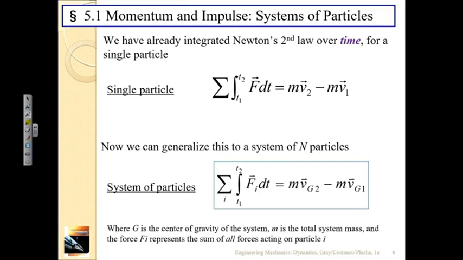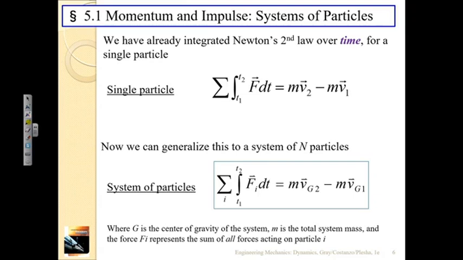Well, for our momentum, we can do momentum of the full system now, as opposed to just looking at one of these particles independently. So when we do this, our equation is going to look really similar.